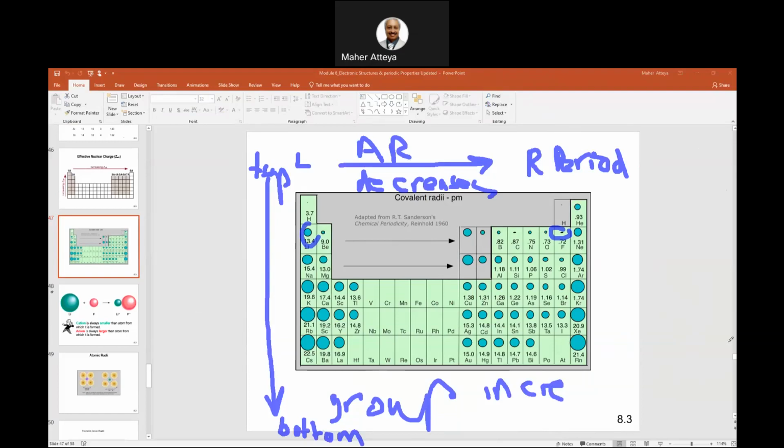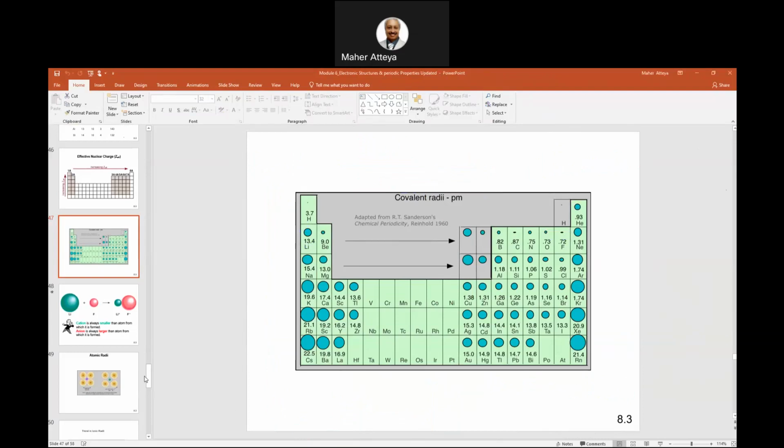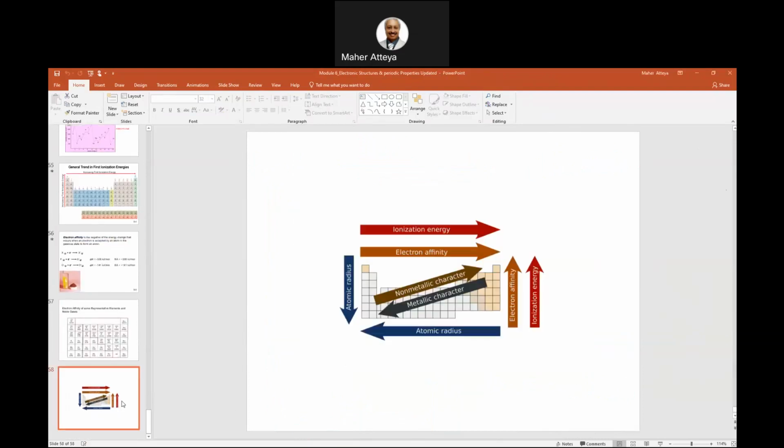As I said, you have to get the last one here and print it out in front of you so you can visualize what is really going on. So atomic radius from top to the bottom increases, and from left to right it decreases.